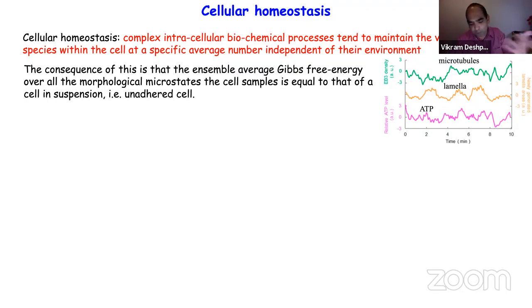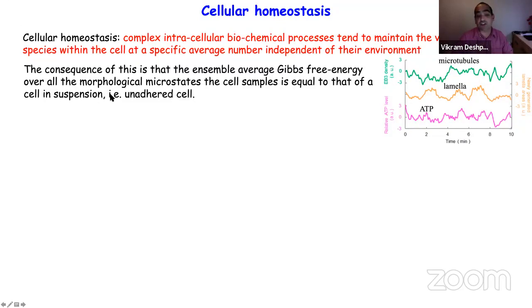Now, without proof, because I've removed all the equations from this talk, we are going to say that one of the remarkable things you can prove if you start with this assumption is that the ensemble average Gibbs free energy over all those different shapes of the cells is going to be constant, and it's going to be that of a cell in suspension.